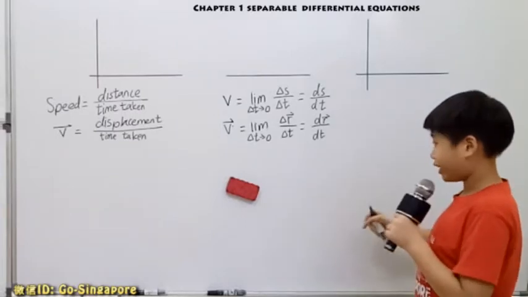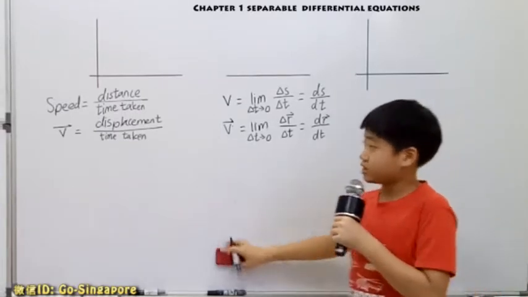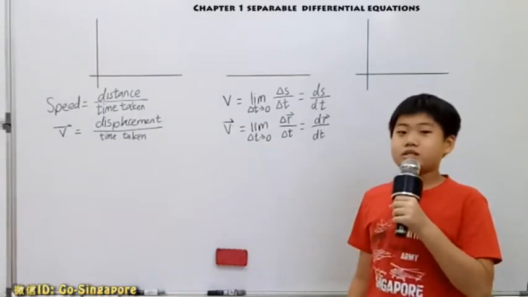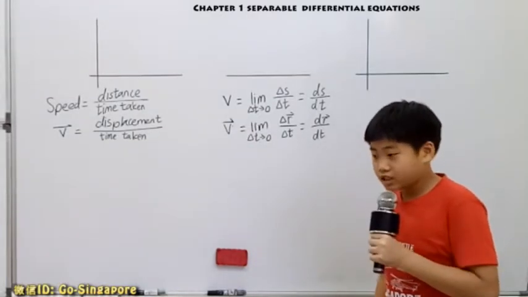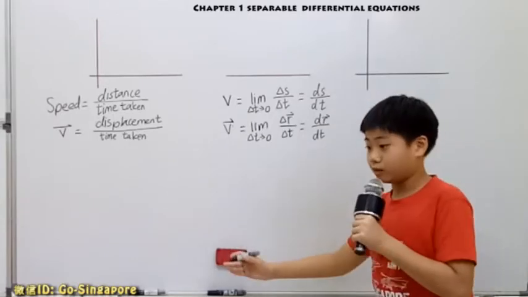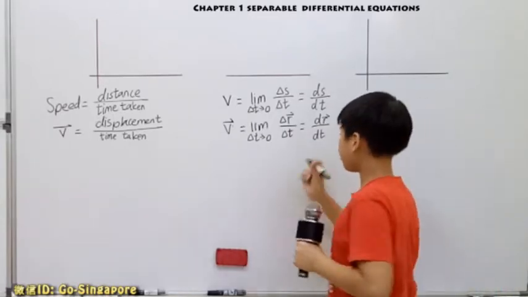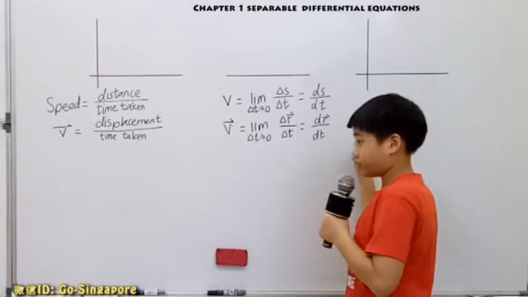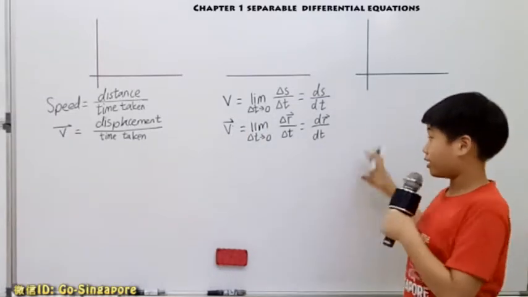Remember, the earlier one is average, but this is what we call instantaneous, which is just right at that moment. This is only up to secondary school, but it is not our main focus right now.